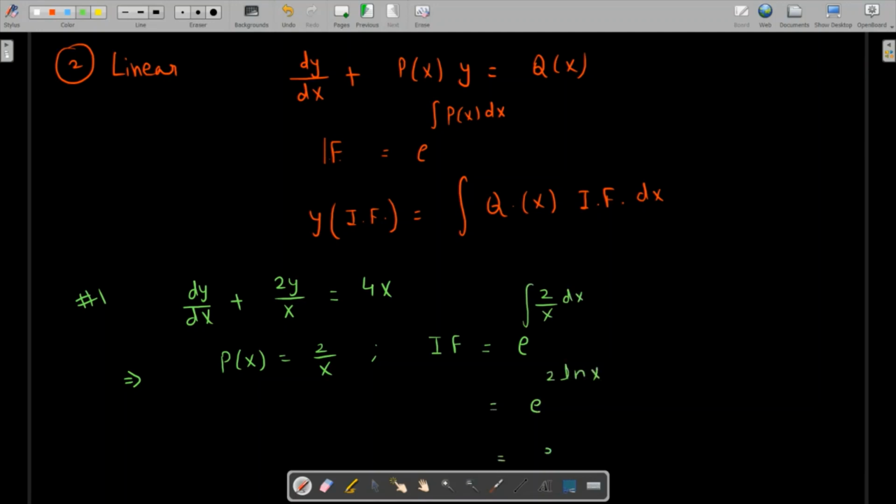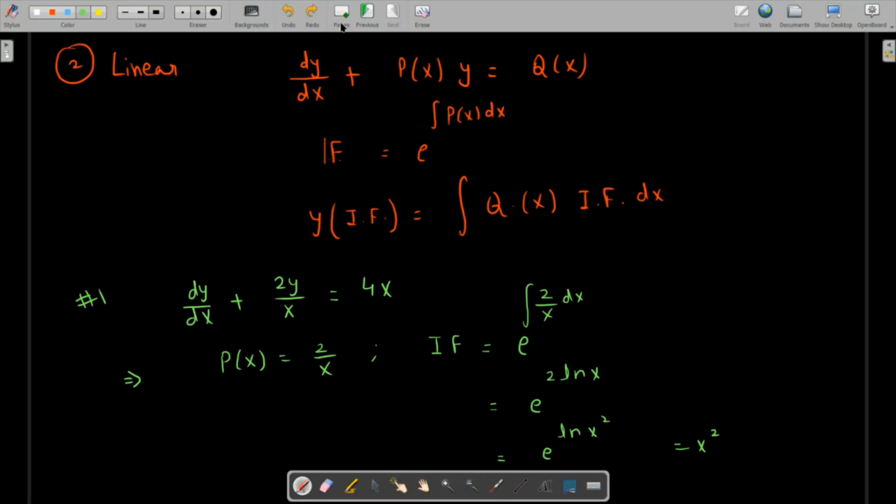So it is e raised to the power 2 ln x. Using the properties of logs, we can write it like this, and in fact this is going to simplify as just x square, because we have a property that these two can be swapped, and when swapped, ln e is just 1. So this is just x square.